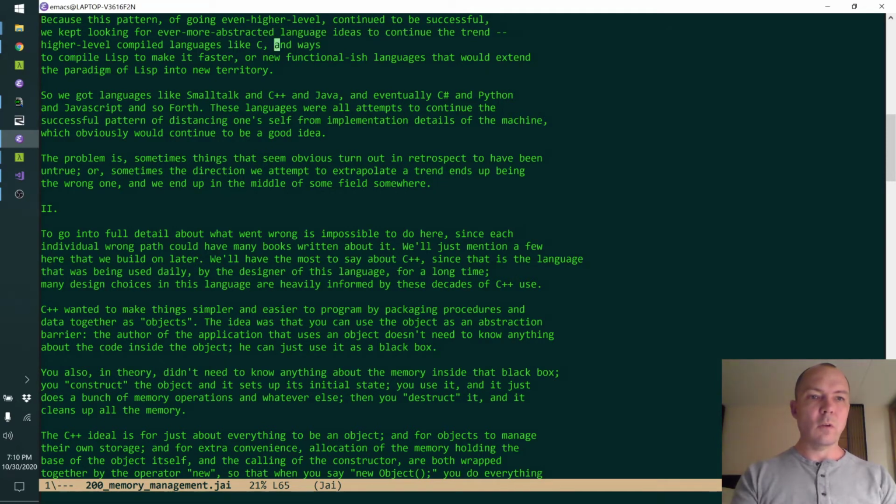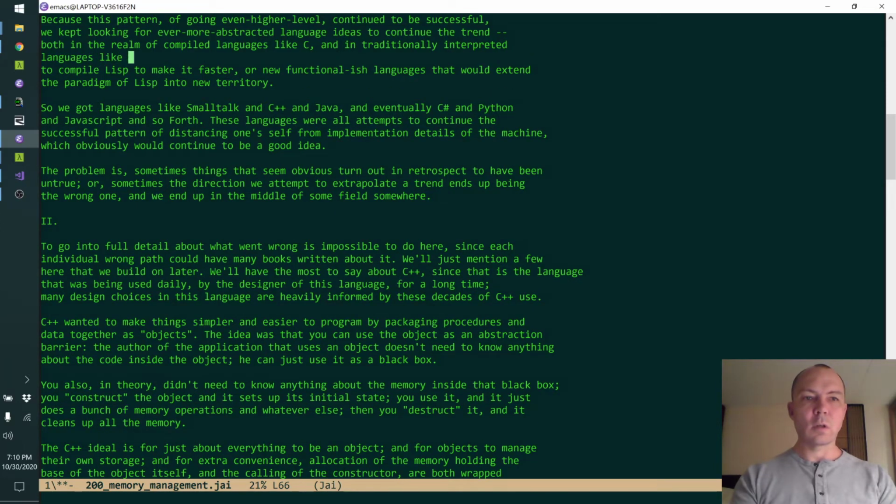Continue the trend, both in the realm of compiled languages like C and in tradition-accelerating targeted languages like Lisp.